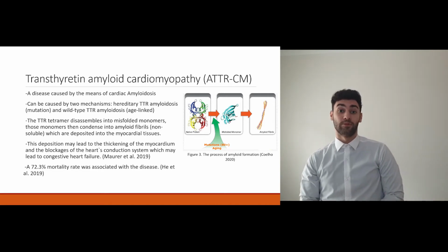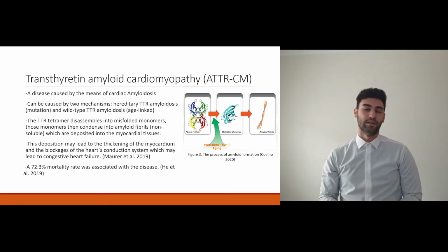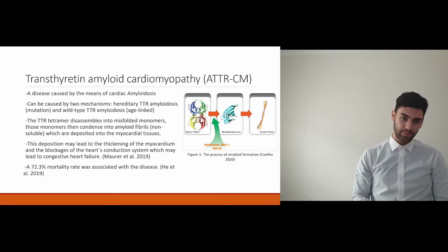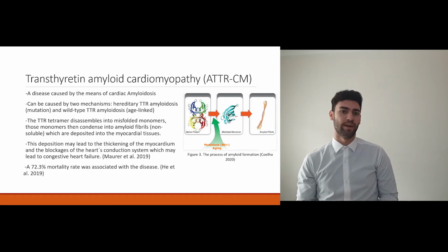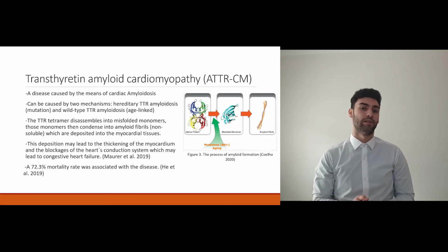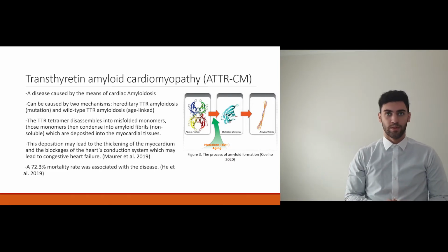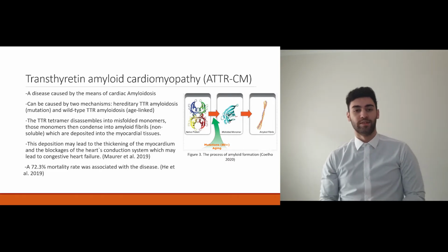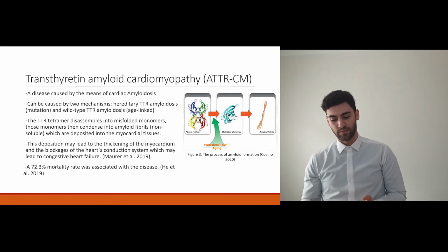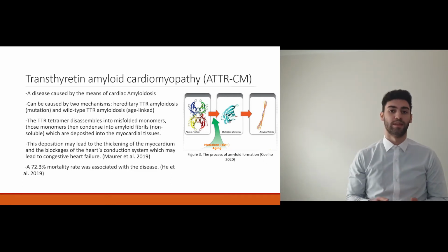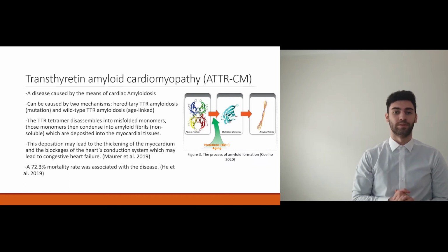And the other type, which is wild type TTR amyloidosis, is mostly linked to old age, as most of its patients are over 80 years old. In this disease, the tetramer disassembles into misfolded monomers, and these misfolded monomers condense into the fibers.